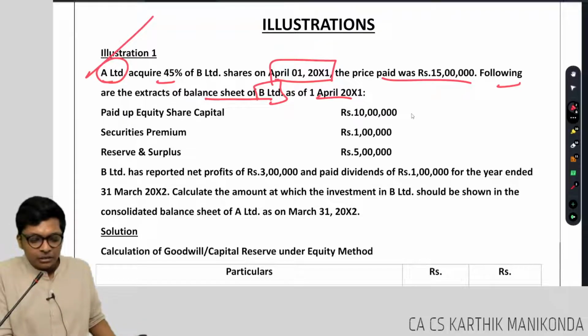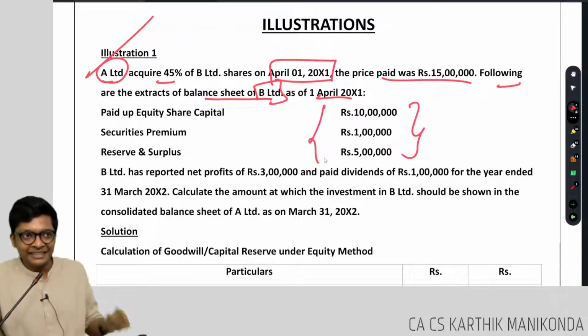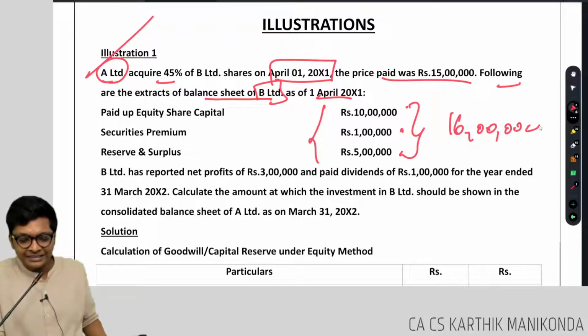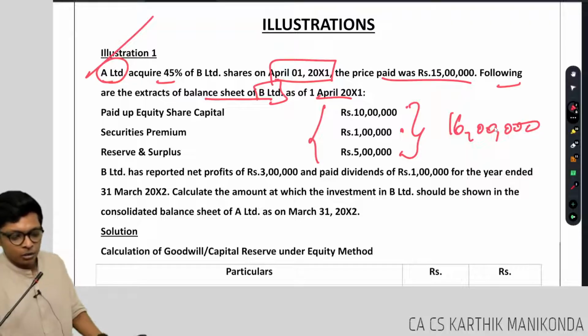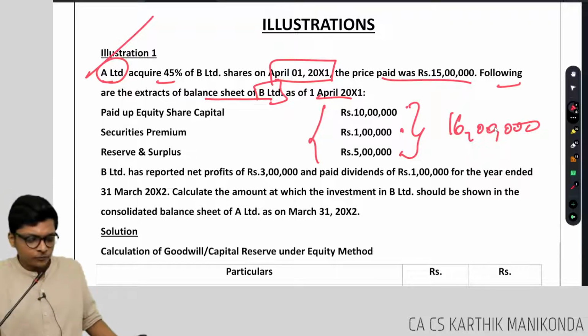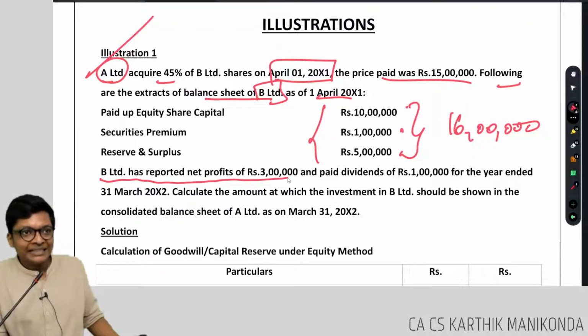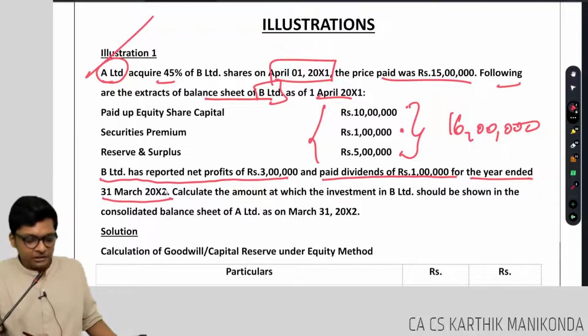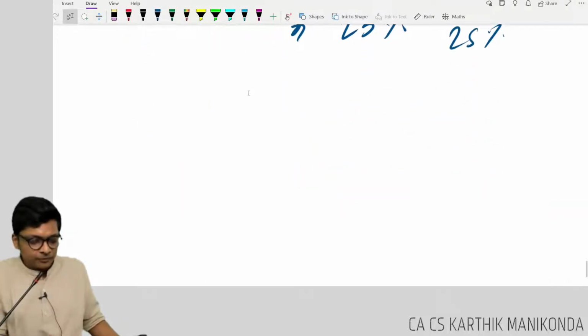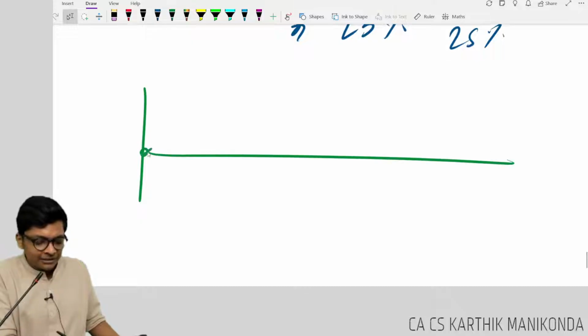On the date, look at the shareholders' funds, guys. Net assets is 10 plus 1 plus 5. How much? 16 lakhs. Super. Okay. B Limited reported net profits of 3 lakhs and paid a dividend of 1 lakh for the year ended 31st March. If I put a timeline, look at this.